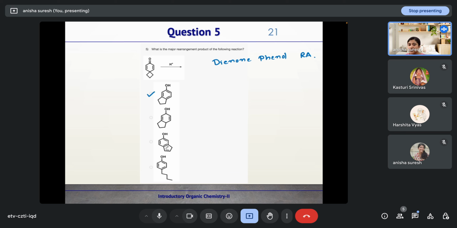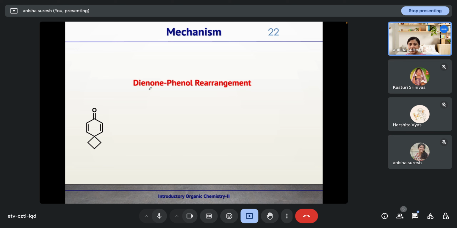In option C an extra alkene is coming. That is not here. So this is the mechanism. We are having this dienone. This will get protonated in the presence of an acid. Now this bond can migrate to this position and this bond will shift here and this positive charge on oxygen will get neutralized.